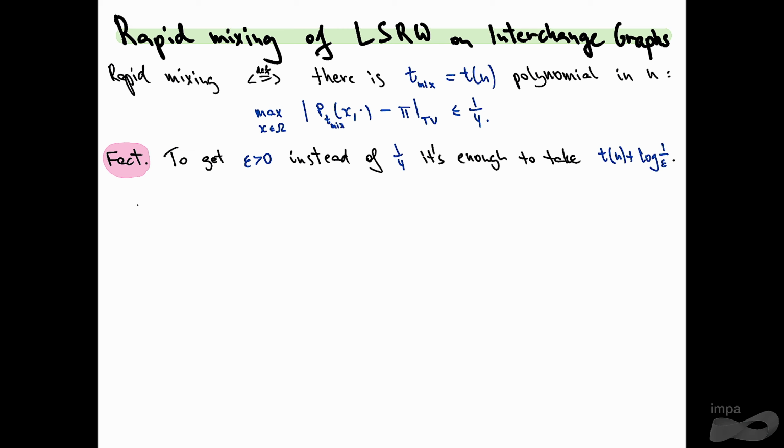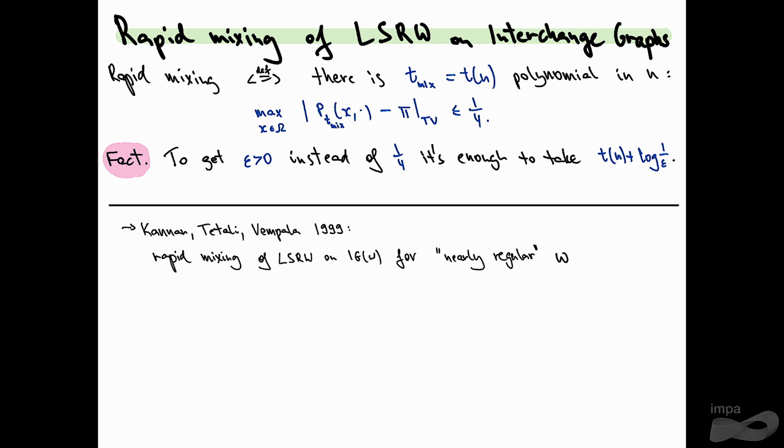It's not a super hard fact that one can get any epsilon instead of 1/4 by increasing the time by log of 1 over epsilon. So we are just aiming for the constant.